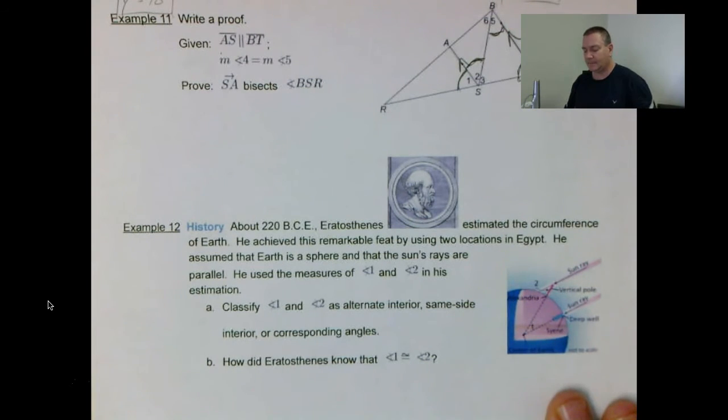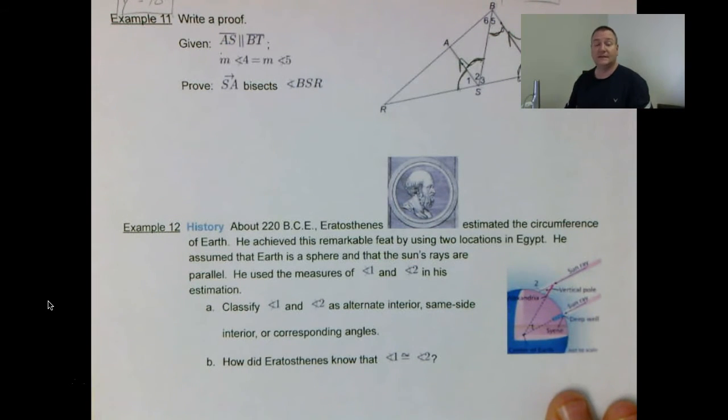But he assumed that the Earth was a sphere, which is pretty close, it's not exactly, and that the sun's rays are parallel. And again, pretty close. They're not exactly parallel, but they were close enough for his measurement. He used the measures of angles 1 and 2 in his estimation.